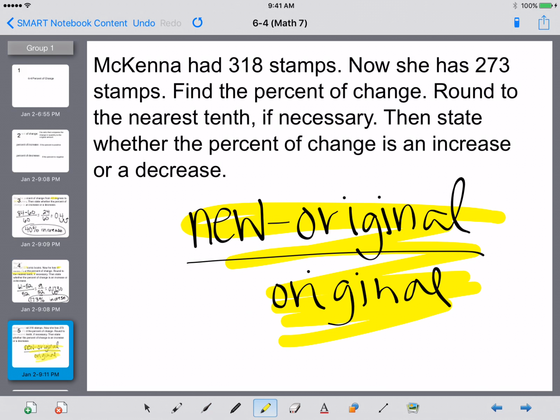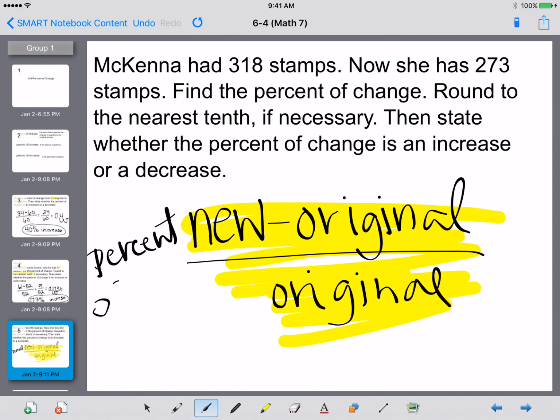This is what you need to know in order to figure out the percent of change, and that is percent of change equals that. So new minus original over original. Love it. That is your answer to figuring out all of these problems.